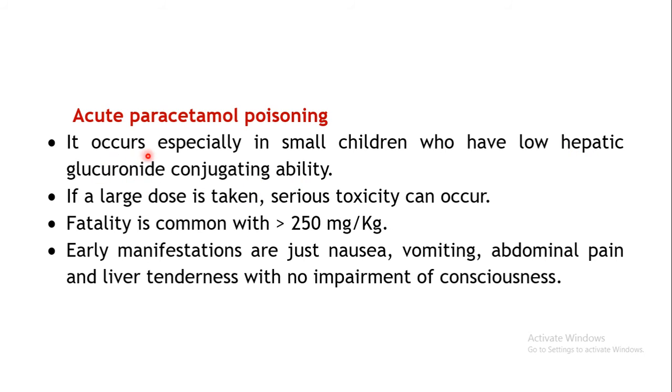Remember, under the kinetics we discussed that this drug is mainly metabolized by conjugation with glucuronic acid and sulfate. Glucuronide conjugation is the main mechanism. In small children, this hepatic glucuronide conjugation is less developed, so there are more chances of paracetamol poisoning in small children.